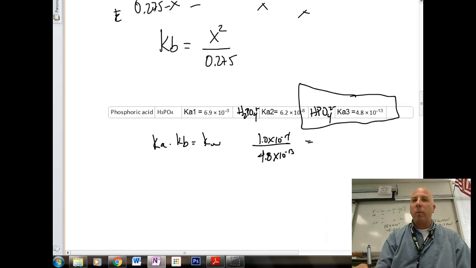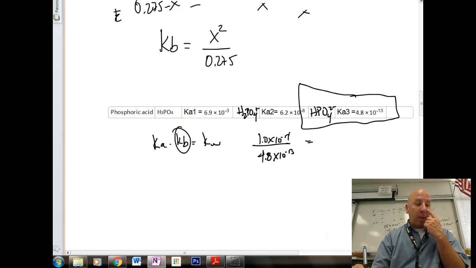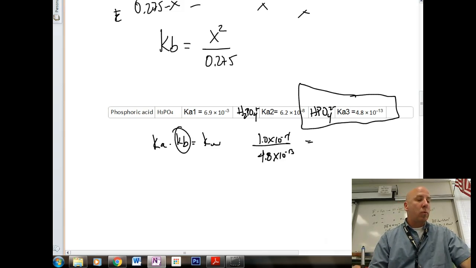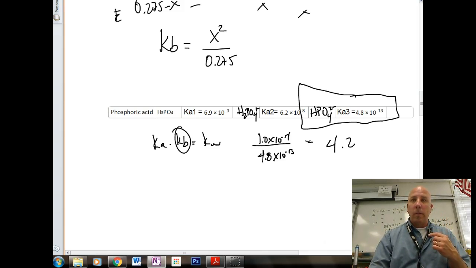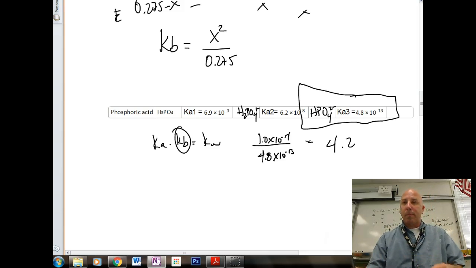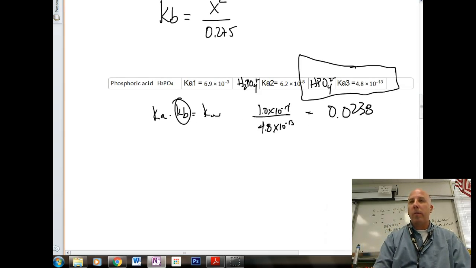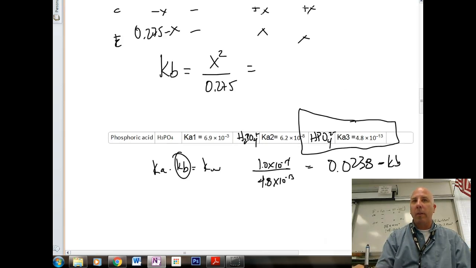And we basically just solve for Kb, and 0.0238 is what I get, and that is going to be our Kb. Now we're going to take that value and plug it in here, 0.0238, and we're going to solve for X.